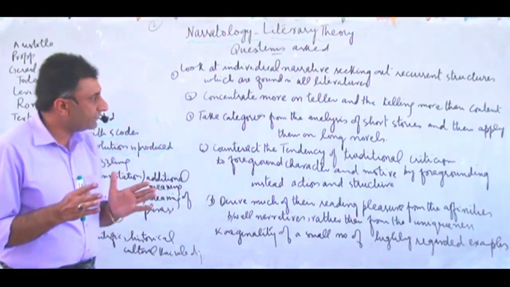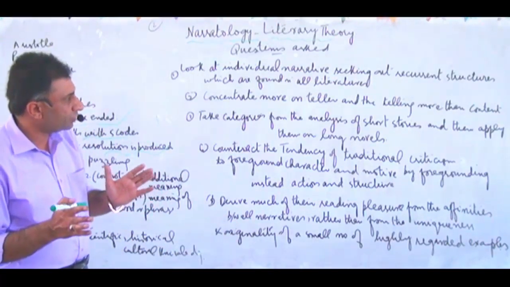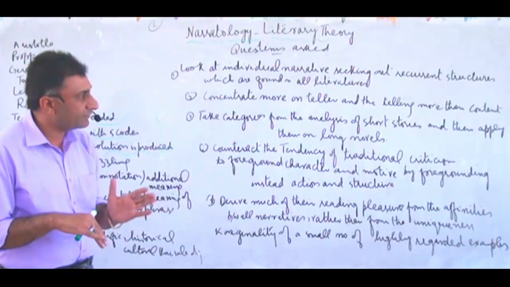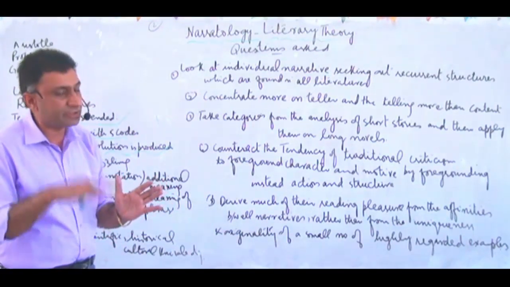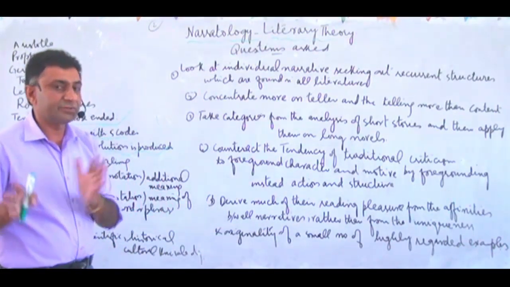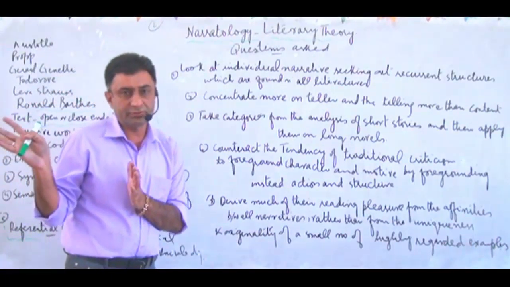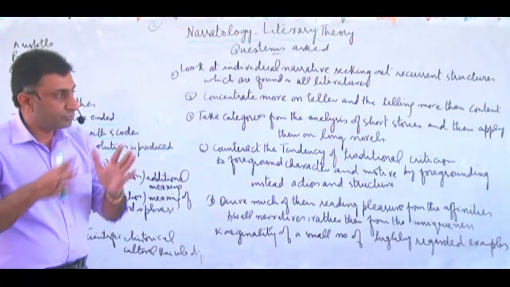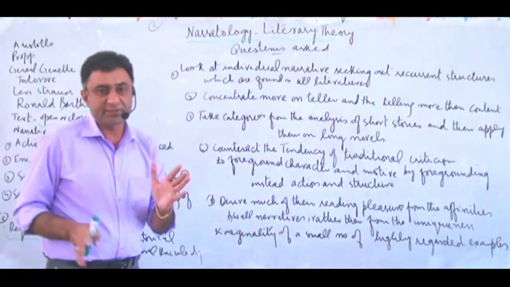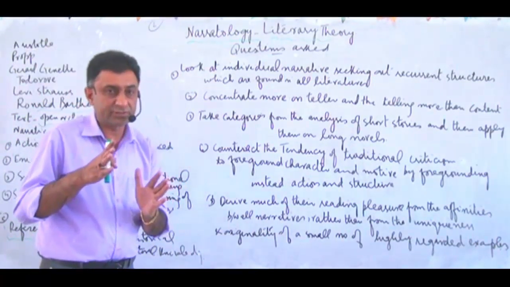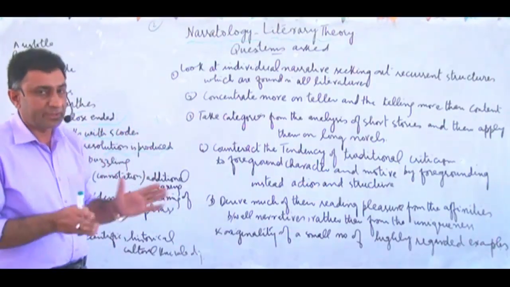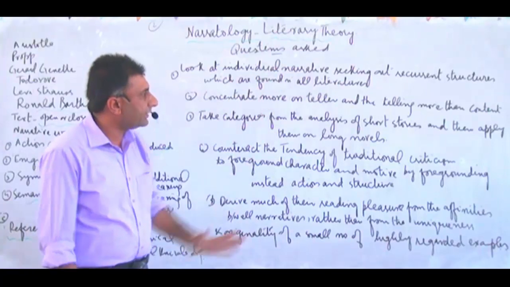So first of all, they will try to know that this is an individual narrative, but let us concentrate upon recurrent structures which are part of each and every country of the world, which are a part of each and every narrative of the world. So there are different types of narrative structures which are the part and parcel of all the narratives, and then they try to apply them on that individual narrative.